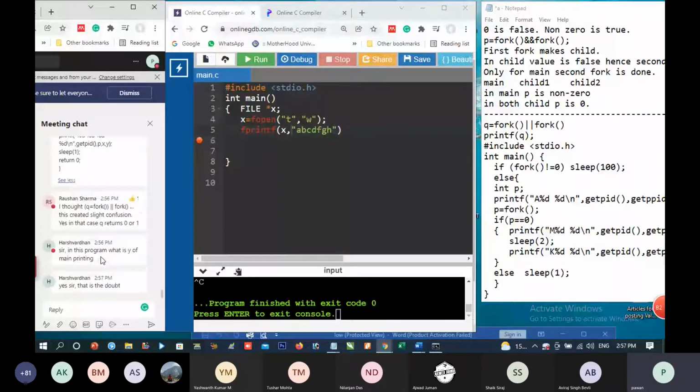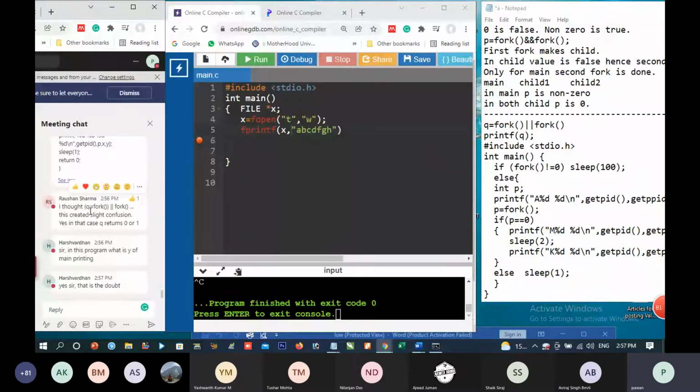Roshan, your question is not clear. That is correct. Roshan, Q is equal to fork or fork. This created slight confusion. In case Q returns 0 or 1. No, here Q will not return 0 or 1. Here Q will be 0 or child.